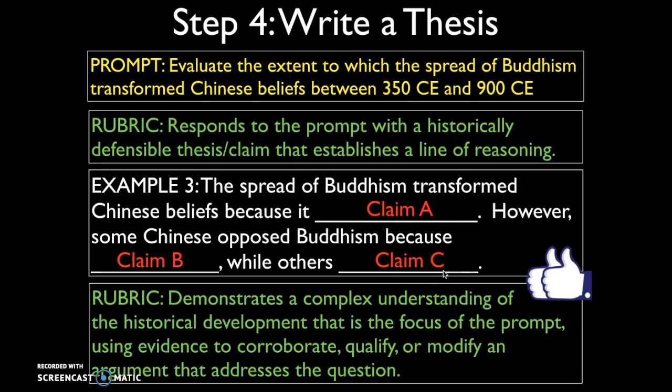So again, this all depends on how well you lay out this argument in the course of your whole essay, whether or not you might get the second complex understanding point. But I think certainly this type of structure for a thesis would hopefully get you well on your way to earning that second point.